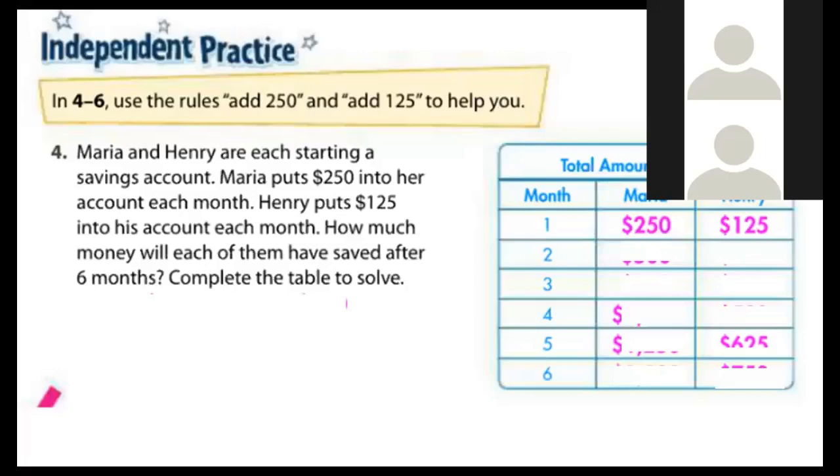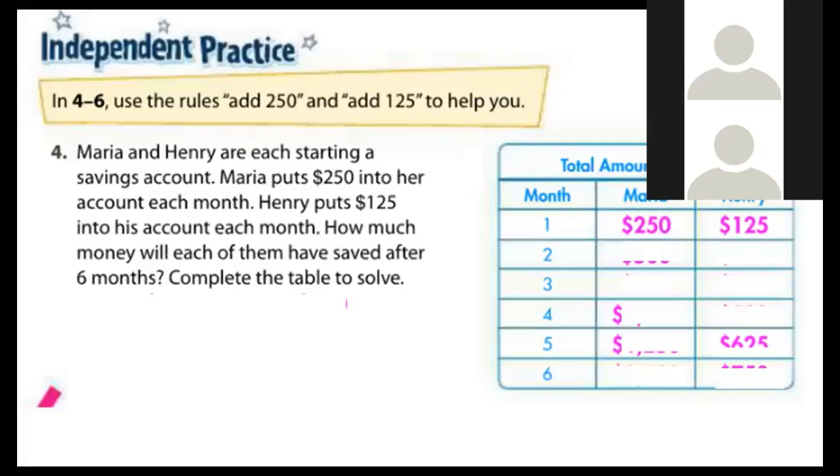Maria puts 250 into her account each month, and Henry puts 125 into his account each month. So they increase the same amount each month. Maria starts with 250 and is going to increase the same amount each week. So we are going to add 250 each time to get her savings.